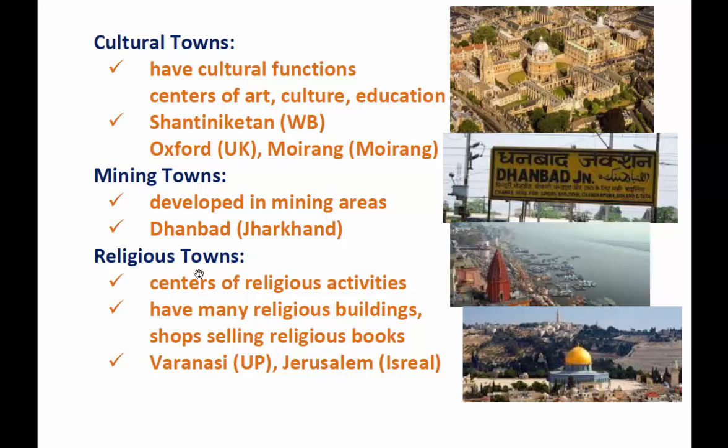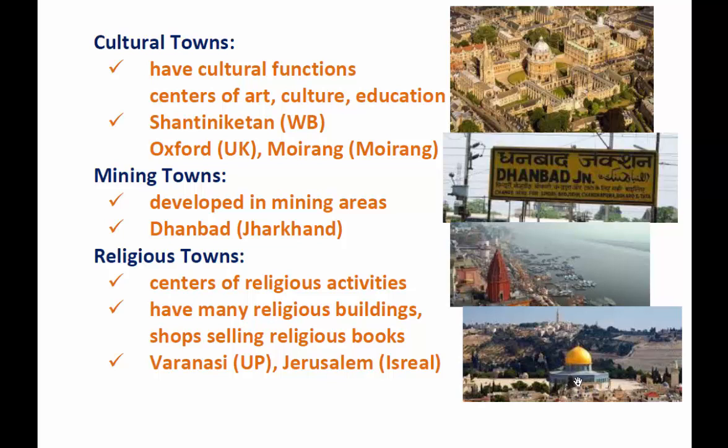Religious towns. Religious towns are the center of religious activities. One of the best examples is Varanasi in UP. Here in the picture you will be able to see it. And also Jerusalem, for most of the Christians. It is in Israel. So it's a religious town. The place is developed because of the religious importance of Jerusalem.